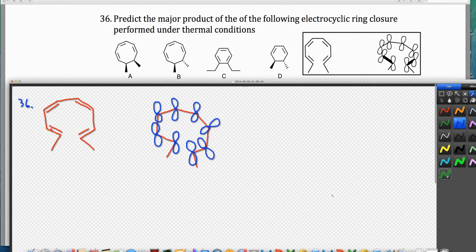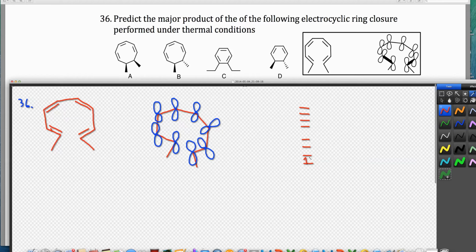All right, so for number 36, we've got a pericyclic reaction. In fact, to be even more specific, we have an electrocyclic reaction, and it's going to involve 8 pi electrons, 2, 4, 6, 8. Remember that 8 pi electrons means 8 molecular orbitals, 4 that are lower in energy and are bonding MOs, 4 that are higher in energy and are anti-bonding MOs.